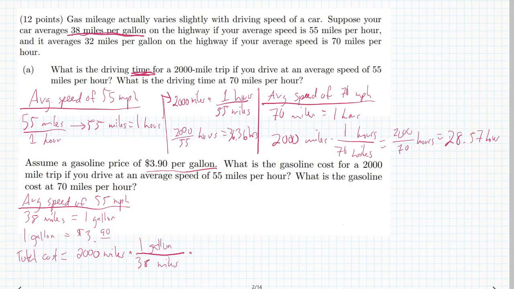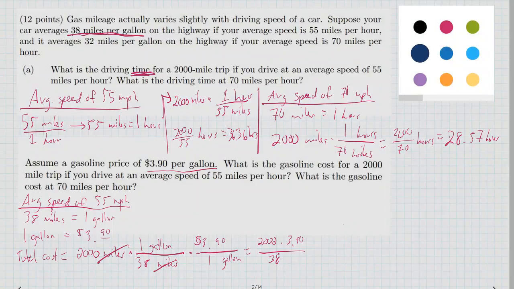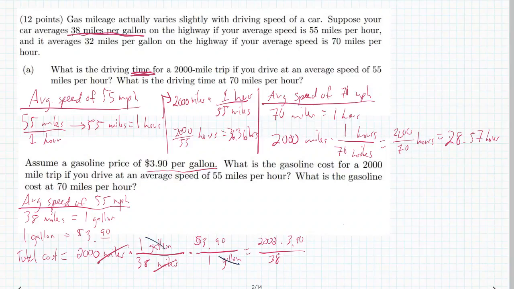Times. We have gallons again in terms of a cost, so $3.90 per 1 gallon. So notice this makes 2,000 times 3.9 divided by 38, and you can check, look, miles will cancel, and then we'll go to the blue here, gallons would cancel.